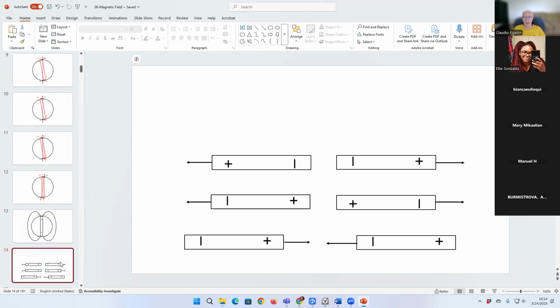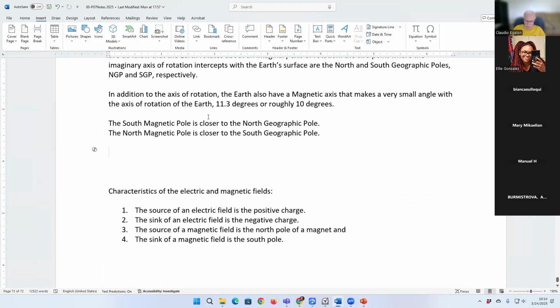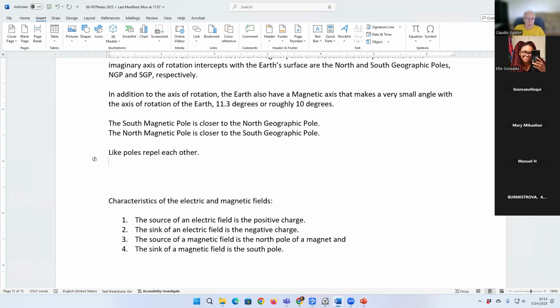Magnetic force, right? Like poles repel each other, and unlike poles attract each other.